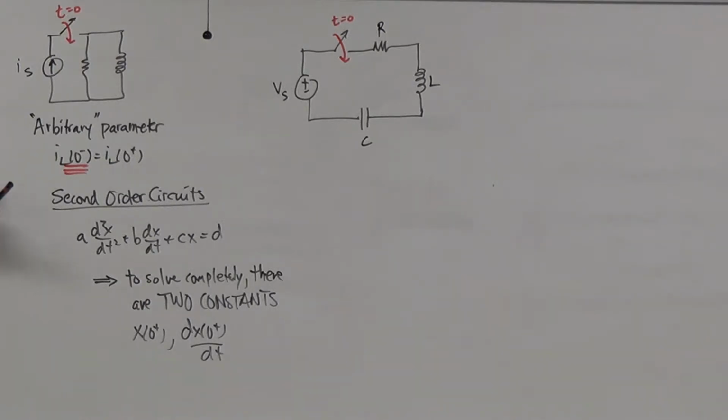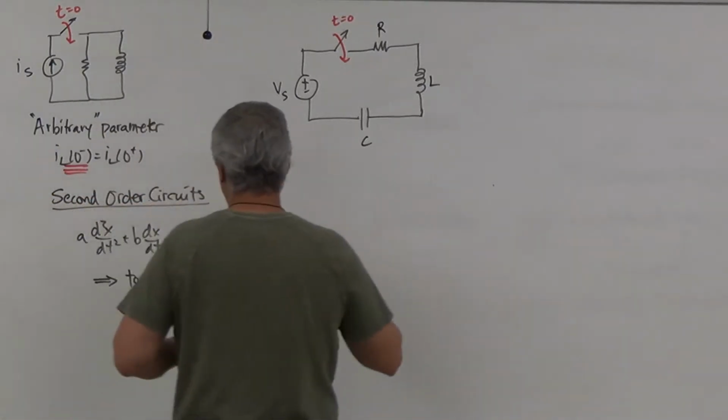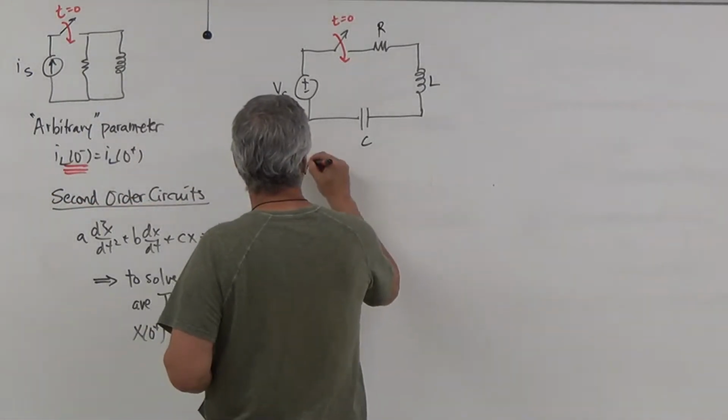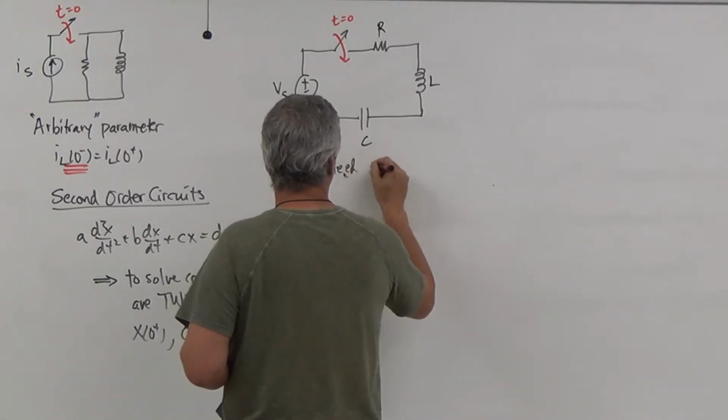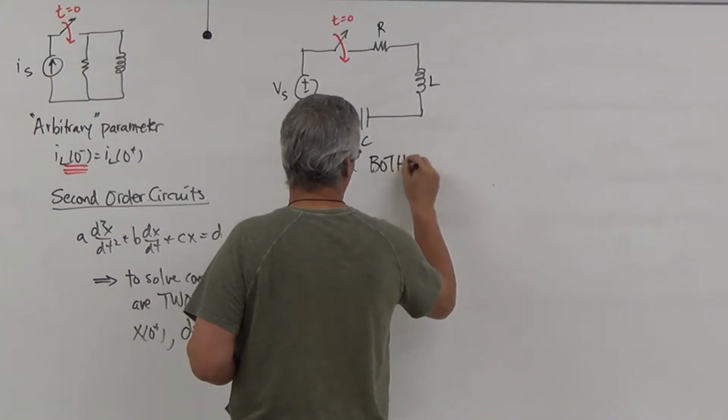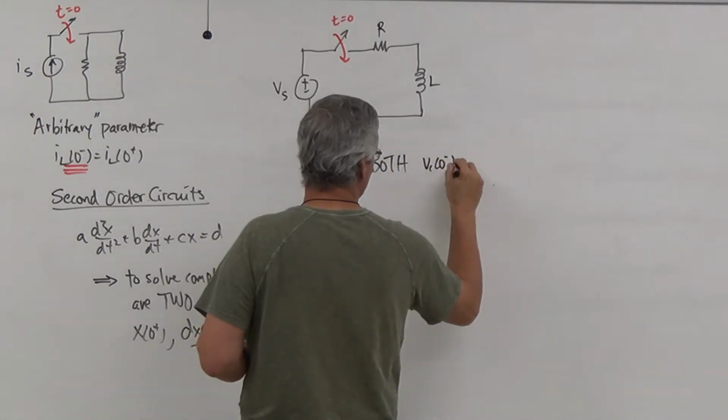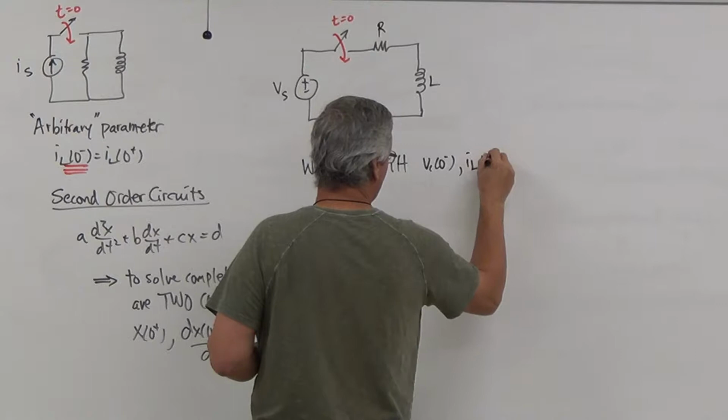If I have an inductor, I needed to know what the current was before the switch was thrown. And so what happens here is that we need both VC of 0 and IL of 0.